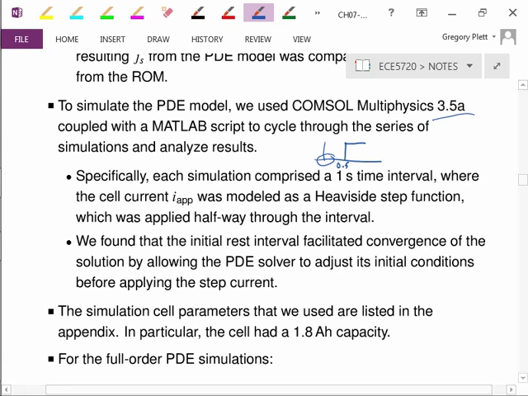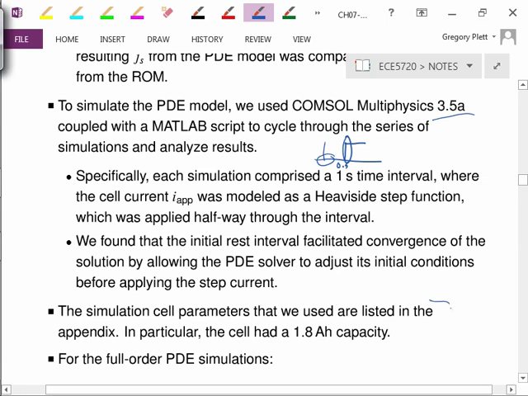So at the very beginning of time, it's spending some of that interval converging to a valid solution. So it didn't have to be a full half-second long, but we did want to have some rest period before the pulse was applied to make sure COMSOL was converged. Then we applied the pulse, and then we measured the side reaction flux immediately after the onset of that pulse.